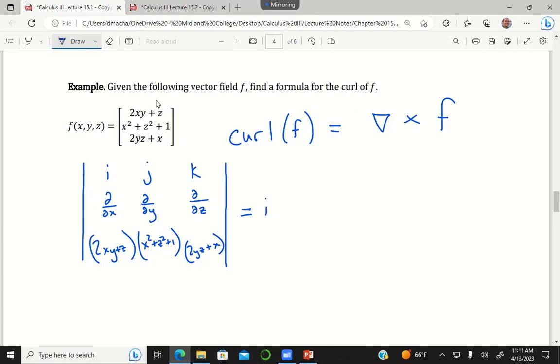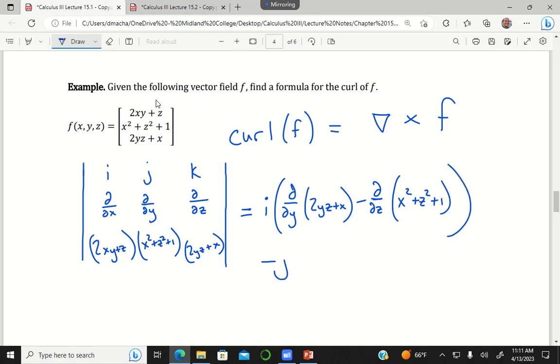So this is going to be i times the partial with respect to y of 2yz plus x minus the partial with respect to z of x squared plus z squared plus 1.